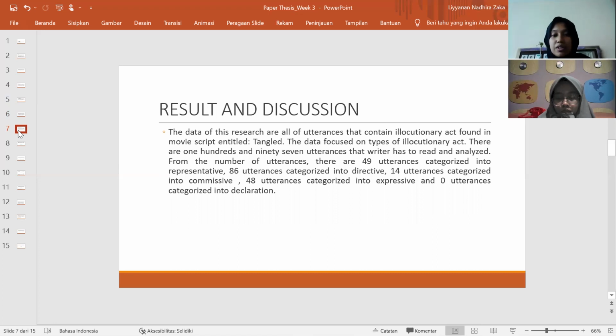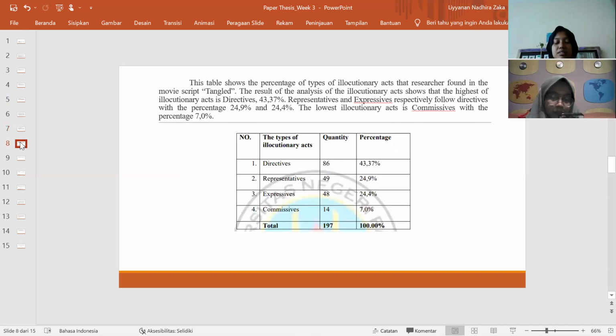From the number of utterances, 49 utterances are categorized into representative, 86 utterances into directive, 14 utterances into commissive, 48 utterances into expressive, and 0 utterances into declaration.